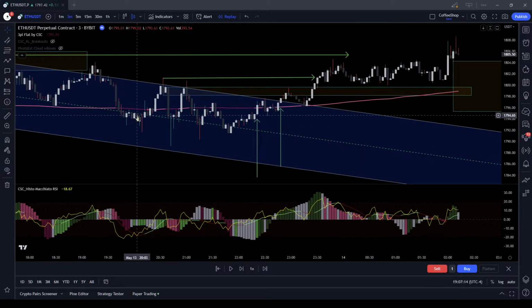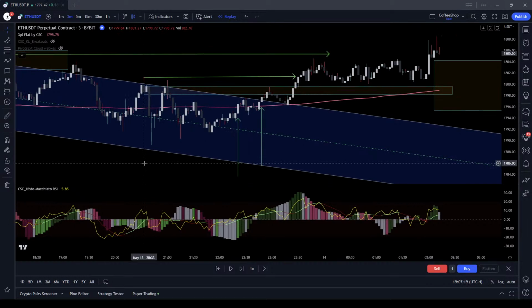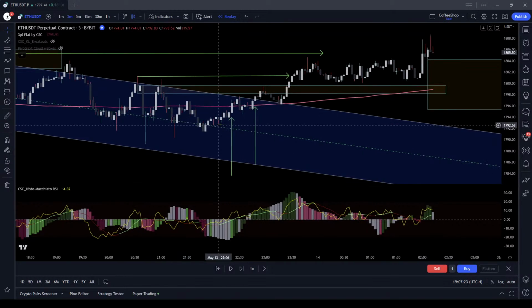So you can't close below this midline. So I'm looking for a nice couple of higher lows and higher highs. I'm waiting for it to happen. Break below, break outside, right? Retest, still on the top of that channel. Now I'm only looking for these long trades. Great. Let's see. Lux support and resistance with breaks indicator.